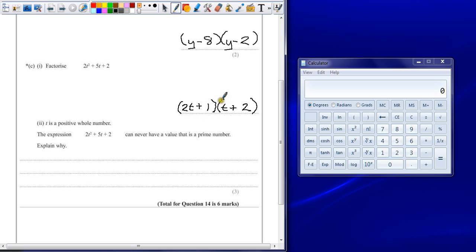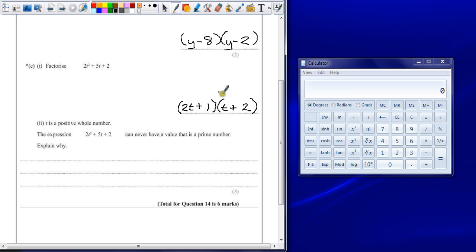Well, if we've got a positive whole number, something add 2, well, let's say it was 0, add 2, that's 2, that's a prime number. 1, add 2, and that's 3, that's a prime number, but 2 add 2 would be 4. So that would give a positive factor of whatever our solution would be, and therefore that creates additional factors.